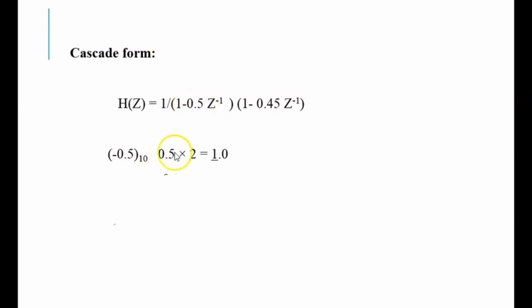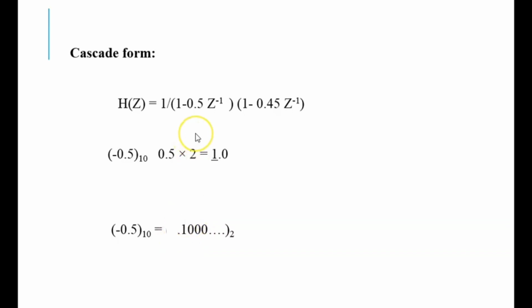The remainder I am going to split into two parts. Here I can see the coefficient value is minus 0.5. You have to multiply 0.5 by 2, you will get 1.0. So 0.1 is your answer, and 0.1 I can represent as 0.5.